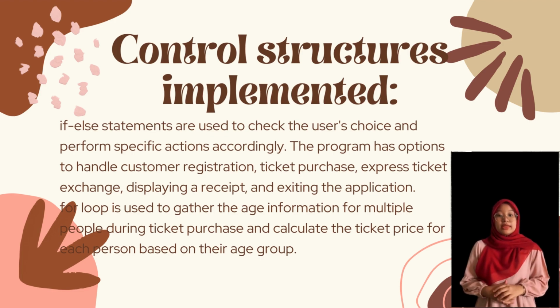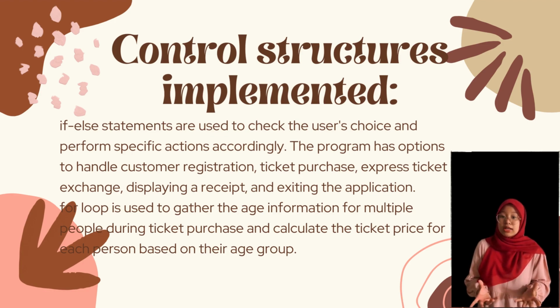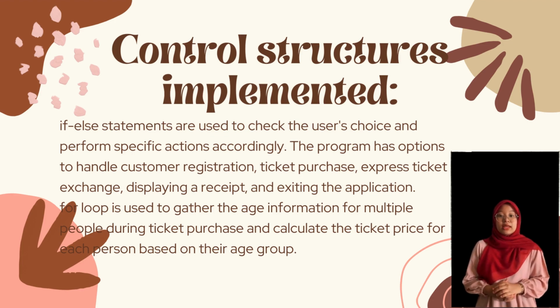To streamline the ticket purchase process for multiple individuals, a for loop is implemented. This loop efficiently gathers age information for each person during ticket purchase and calculates the ticket price based on their respective age groups. This simplifies the task of handling multiple transactions and ensures accurate pricing based on age-based discounts or rates.